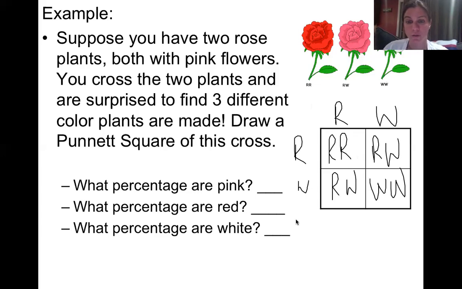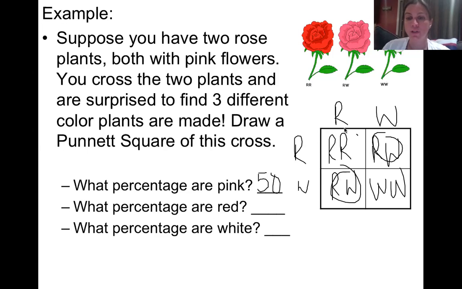Okay, so taking a look at what we see here. I have to do this again. Sorry, guys. What percentage are pink? Pink is the big R, big W. So if there's 2 out of the 4, that would be 50%.